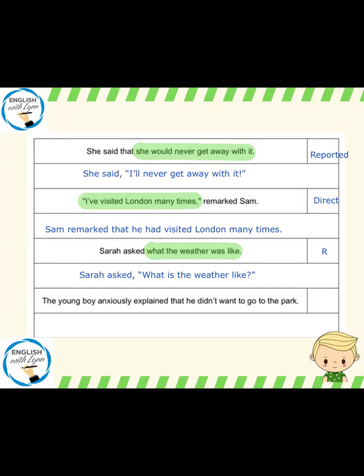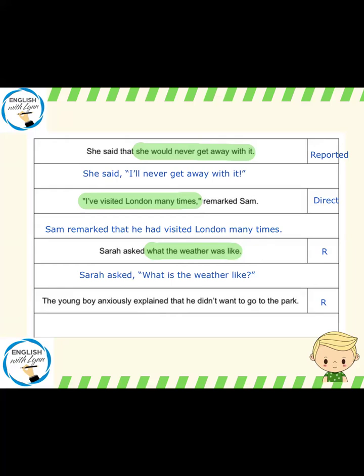And then the next one: the young boy anxiously explained that he didn't want to go to the park. So I don't have any inverted commas in it. So I'm going to use an R again to show that it is reported speech. And think about what the young boy is actually saying, because there's a lot within the reporting clause there.